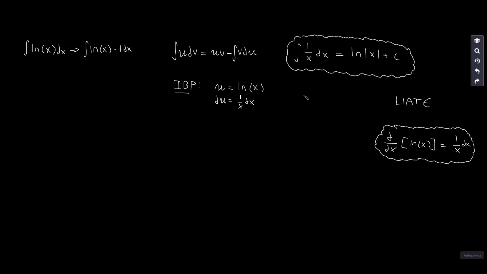And then we need to assign dv, and technically we should have done this first. I was just getting ahead of myself, but we know that dv is going to be 1 dx. If you take the integral of any constant, let's say a, with respect to x, that's going to equal a times x plus c. And so this 1 is just going to become x.